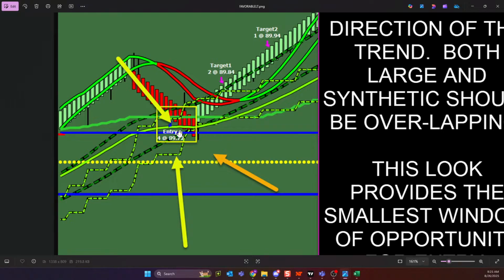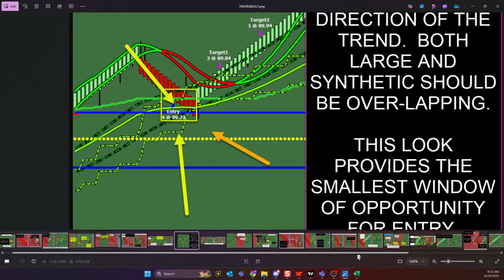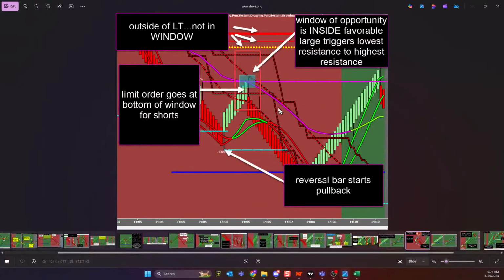So as we look for entries, we are going to buy or sell a pullback at an area inside of triggers. So for a short trade, the pullback begins with a reversal bar. Your large chart should be going down.